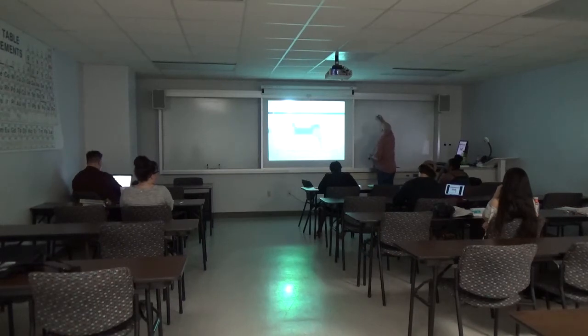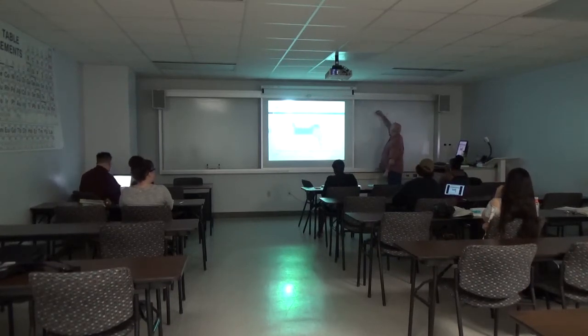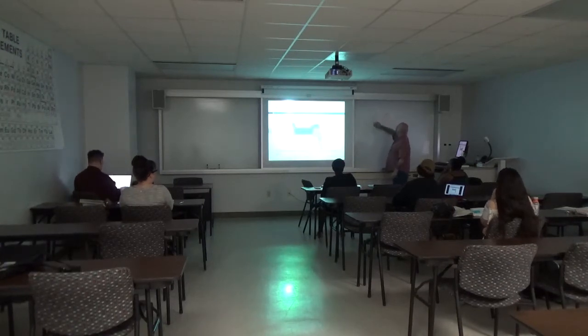So here's our oxygen. Here's our oxygen. Each one has how many? No, 8. We want 8. Each one starts with 5. No, it's 6. It's in group 6, so it starts with 6. 1, 2, 3, 4, 5, 6.